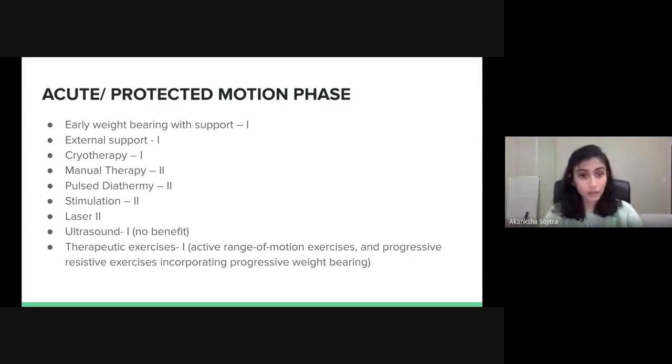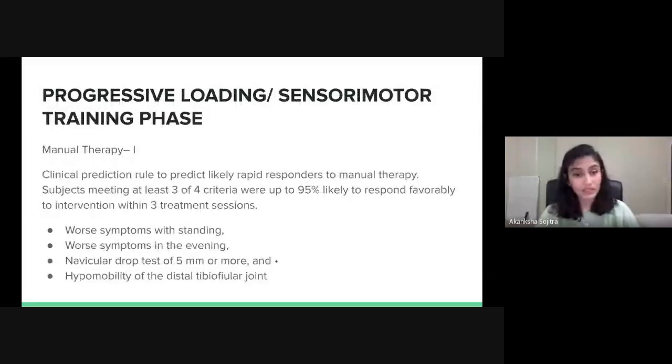Now, progressive loading. Again, in this phase, where you're trying to move out of the acute phase and they've advanced in the ranges and everything, you can start doing manual therapy, which has very good evidence. A clinical prediction rule predicts likely rapid responders to manual therapy, and subjects meeting any 3 of the 4 criteria given here were up to 95% likely to respond favorably to intervention within 3 treatment sessions.